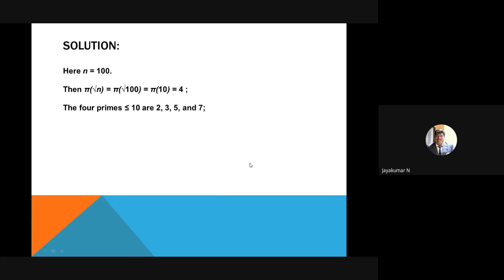So here I have to form the collections. Singles: 2, 3, 5, 7. Then pairs: 2 3, 2 5, 2 7, 3 5, 3 7, 5 7. Then triples: 2 3 5, 2 3 7, 2 5 7, 3 5 7. Finally 2 3 5 7.